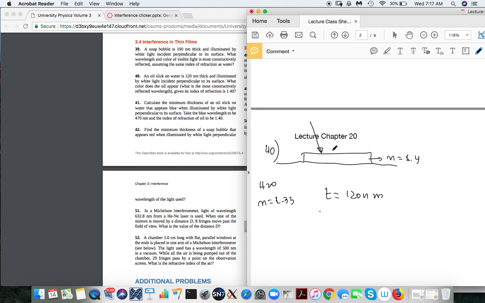Now, the first reflection comes from air, n equals 1, going to oil, n equals 1.4. So going from smaller to bigger index, the reflection changes phase by pi. But now you are in an index of refraction 1.4, right?